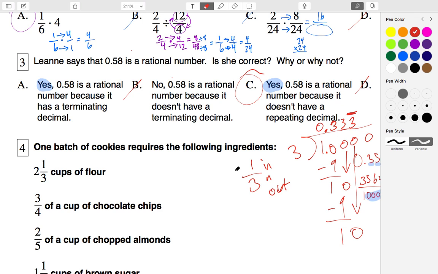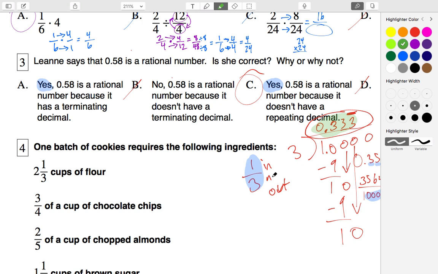So here's the trick about this though, because we said if it could be written as a fraction. Now this is where it gets tricky, so pay attention to this part. If I gave you 1 over 3, you could say, yeah, it is a rational number because it was written as a fraction. Good so far? But if I gave you 0.333, you would say this is not a rational number.